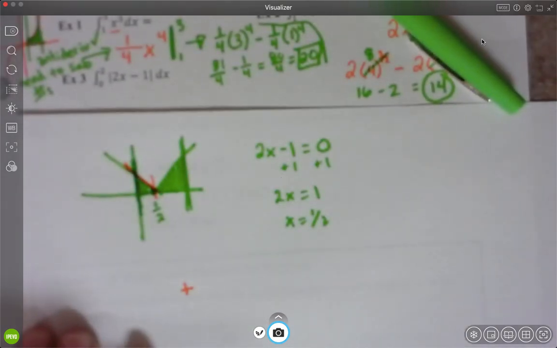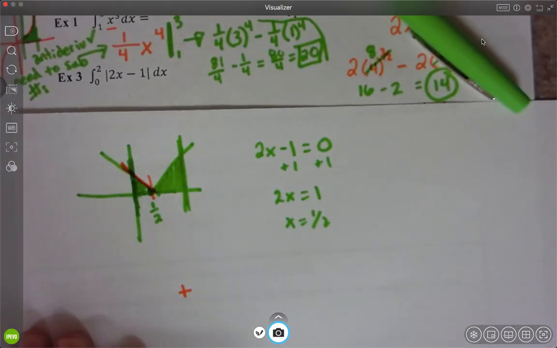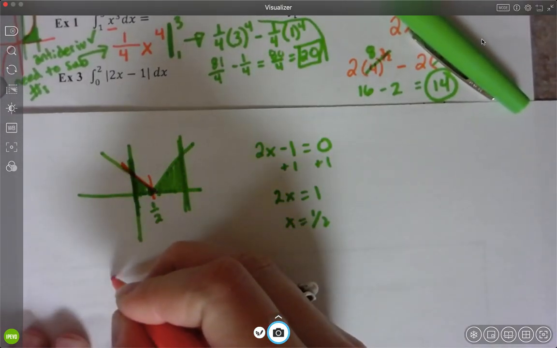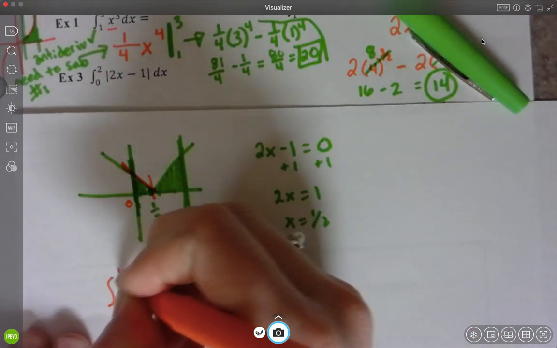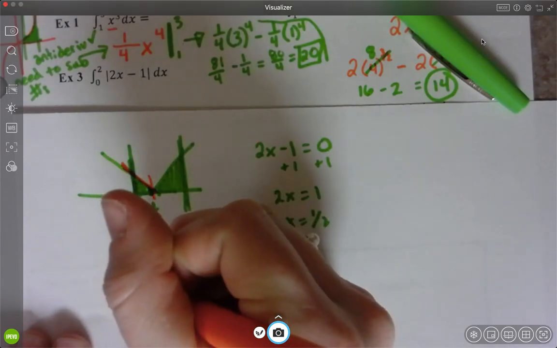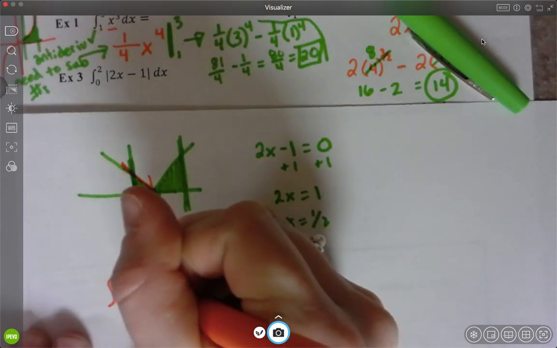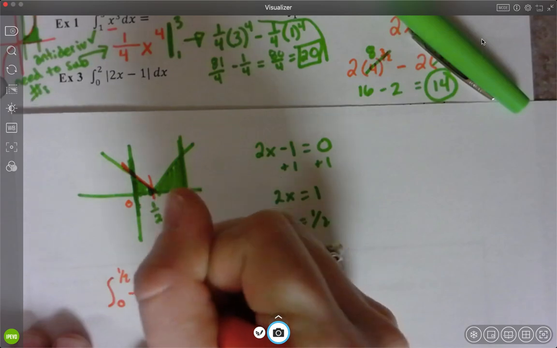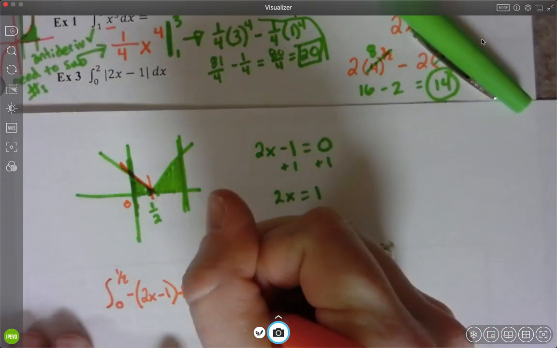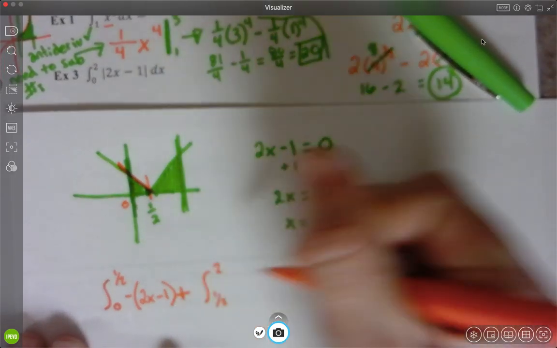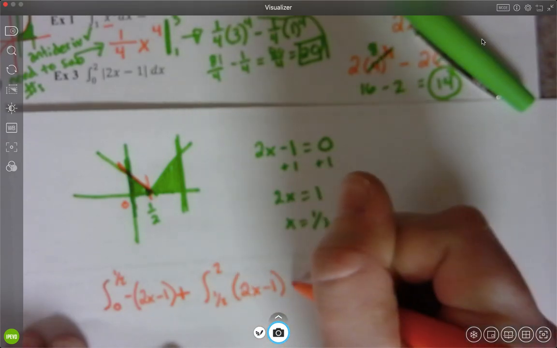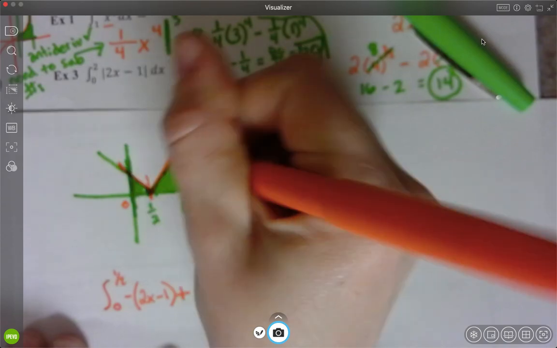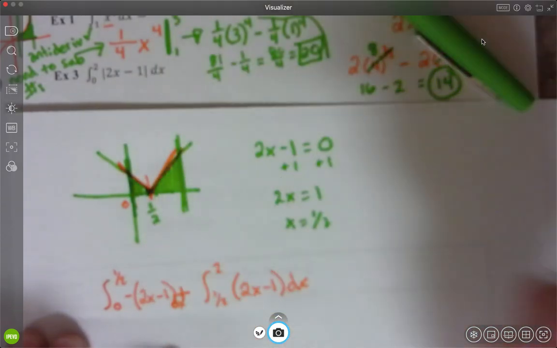It's going to be the integral from 0 to 1/2 of negative (2x minus 1) dx. And then we're going to do the integral from 1/2 to 2 of the positive 2x minus 1 dx, because it's going uphill here.